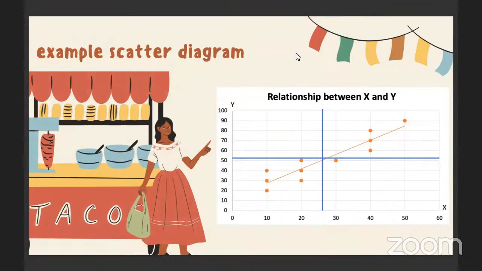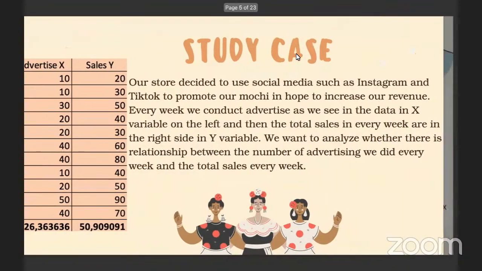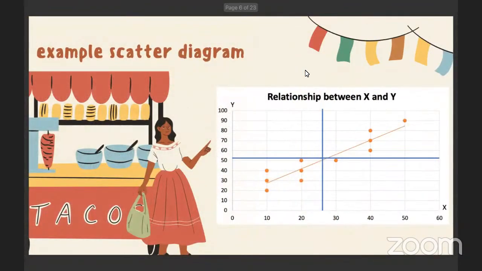From this table, here is the scatter diagram that shows us the relationship between x and y. Even though I have not calculated the coefficient yet, we can assume from this line that we have a strong relationship because there is very little scatter in this line.